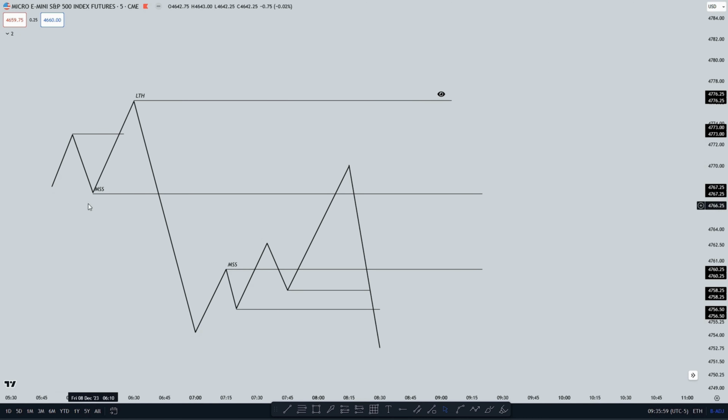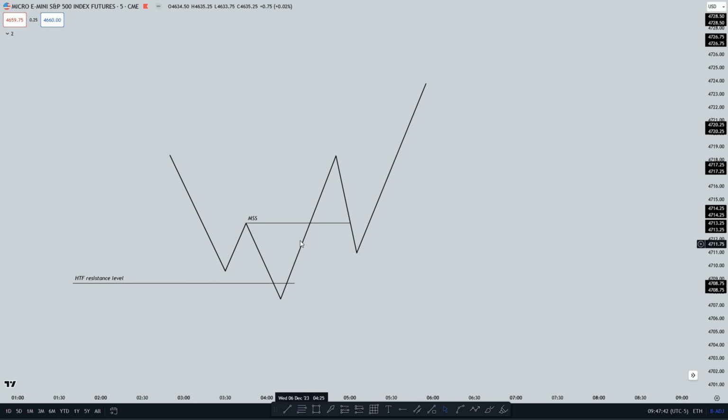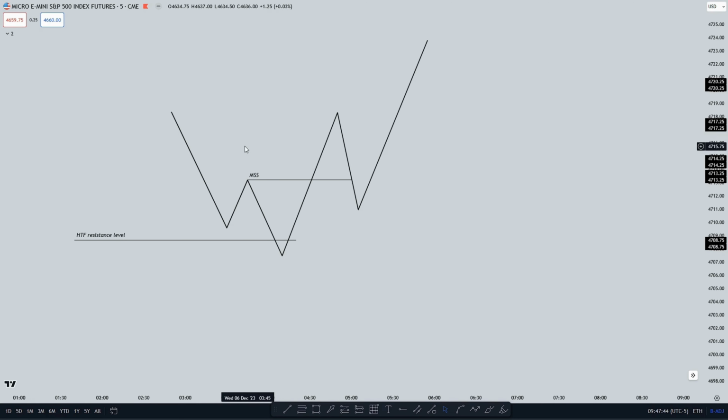For the next example, I'm going to show you what a market structure shift is. So let's say price comes down and touches a form of higher time frame resistance level, and then we start to move higher, closing above a high, creating a market structure shift.